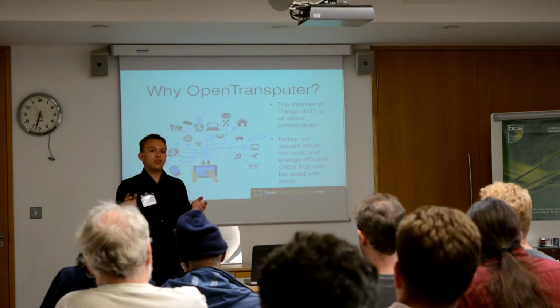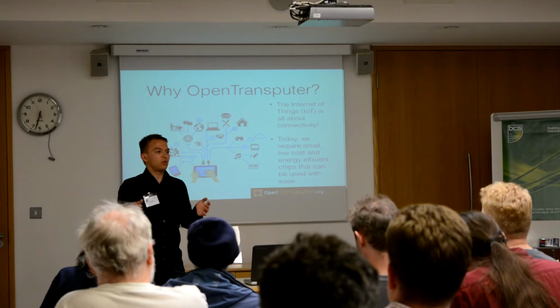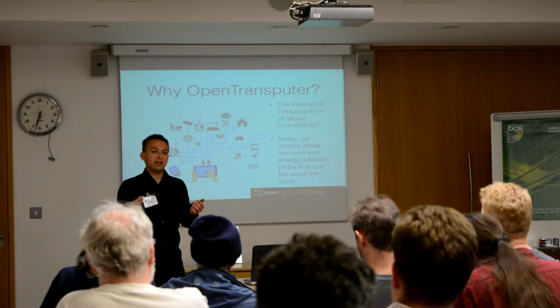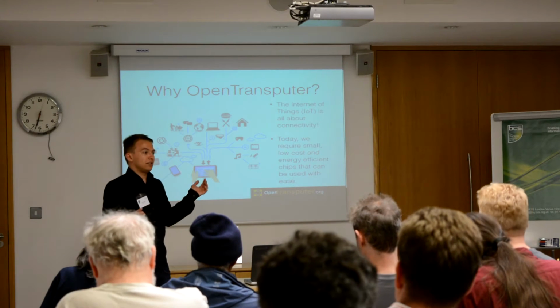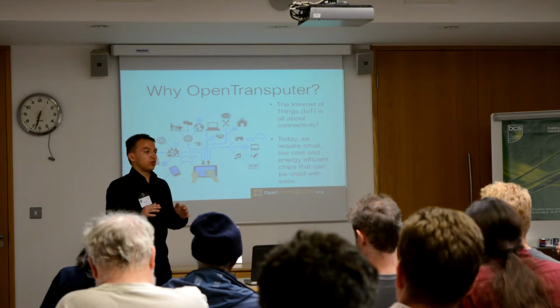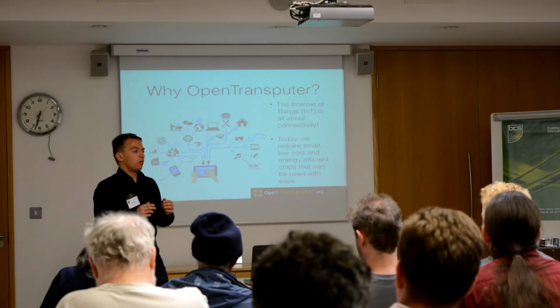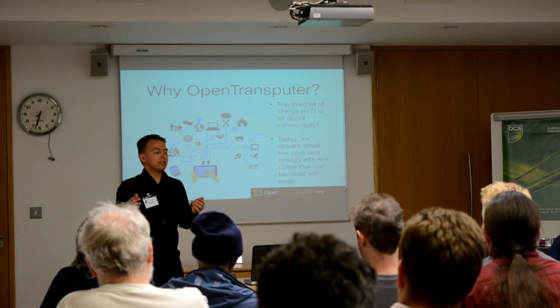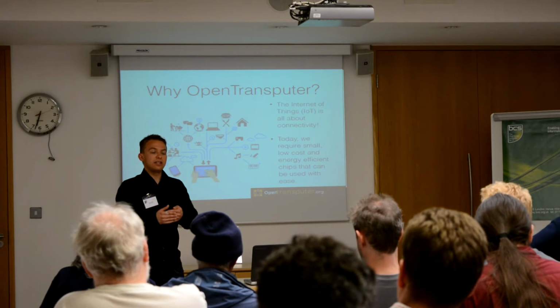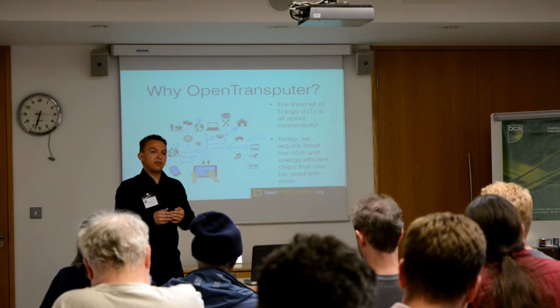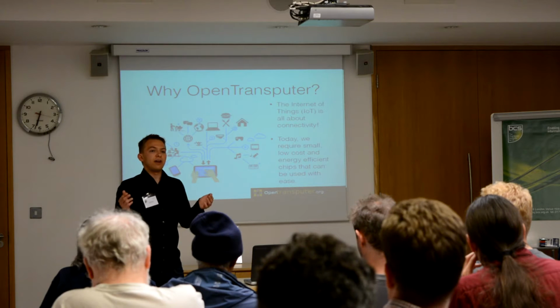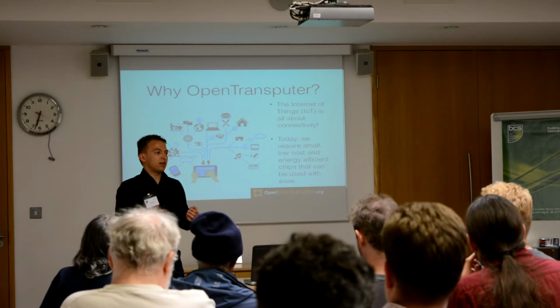So the question you might ask yourselves now is, why did we think it would be a good idea to re-implement the Transputer? Because while it was clearly successful, it is also not around anymore. So what we've seen in recent years is the trend of the Internet of Things, a developing, emerging market. The Internet of Things is the idea of a world where every device is connected to every other device.